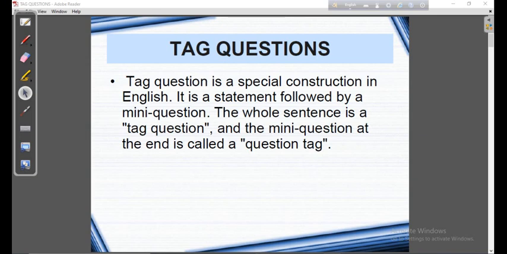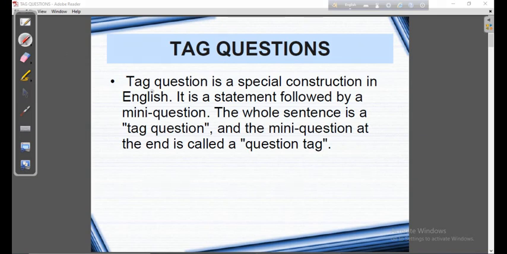A tag question is a special kind of construction in English. It is a statement followed by a mini question. The whole sentence is a tag question and the mini question at the end is called a question tag.